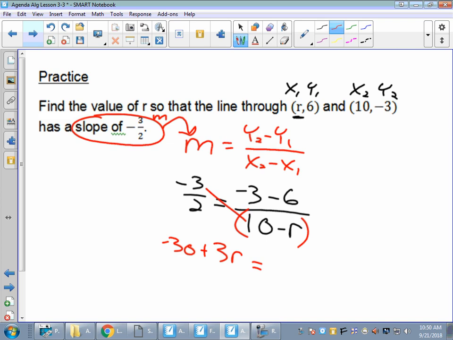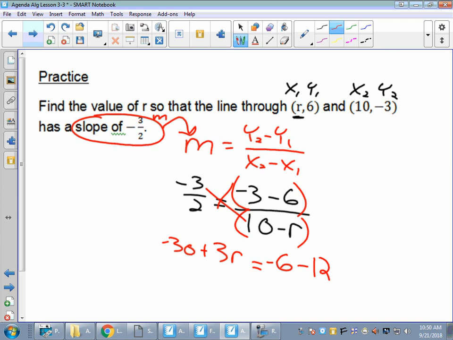On the other side, we've got 2 times (-3 minus 6). If we distribute again, we'd have 2 times -3, which is -6, and then 2 times -6, which is -12.